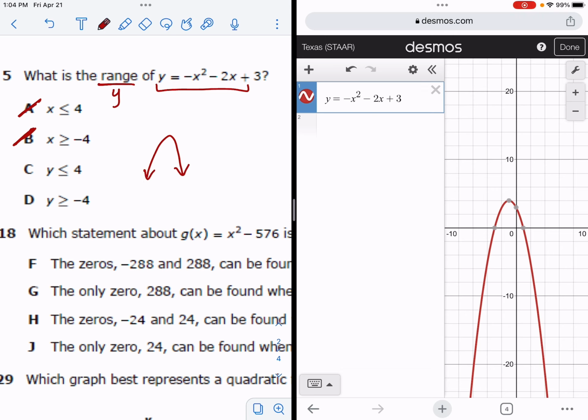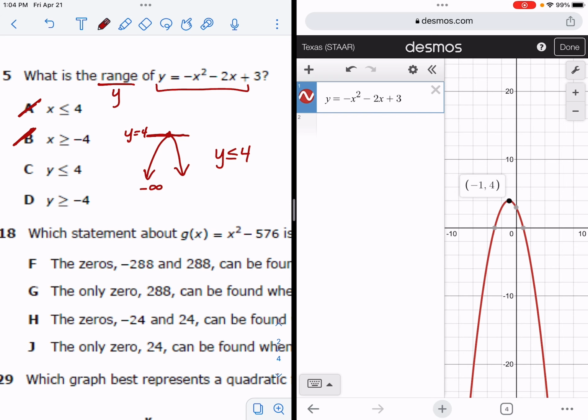So if this is the function, the top of the box is at y equals 4. And then the bottom of the box, we can't really put 1 because the function keeps going. And so it's going to negative infinity. And so our range would be less than or equal to that positive 4.